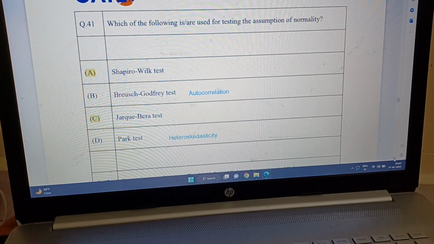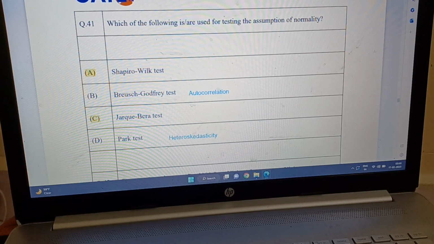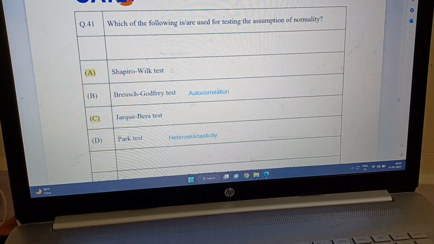Now question 41. Which of the following are used for testing the assumption of normality? Oh, it is an econometrics question. So for normality, actually this Shapiro-Wilk test is used. And how is normality tested? Skewness is 0, meaning the third moment that measures skewness will be 0. And the fourth moment, kurtosis, will be 3.